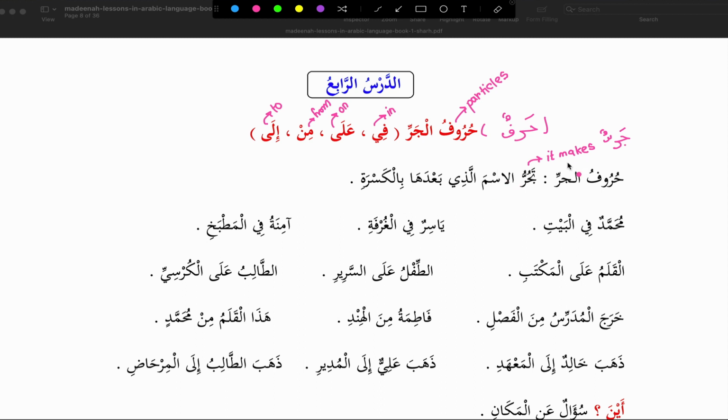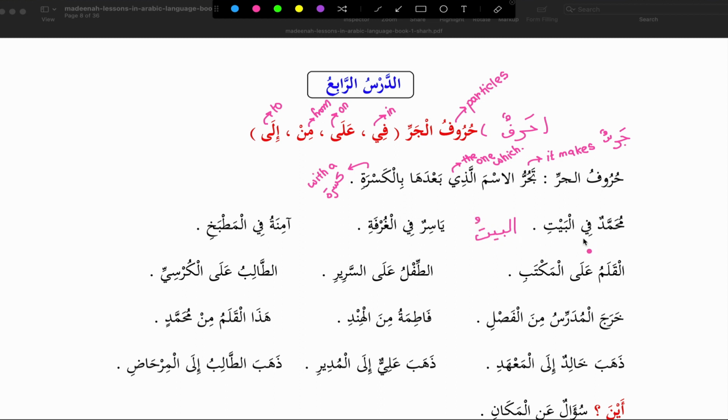It makes the ism jar, allazi ba'daha, the one which is after it, meaning after the particle, bil kasra, with a kasra. Bil kasra means with a kasra. So for example, the word was al-baytu.